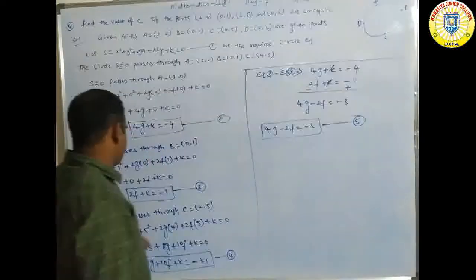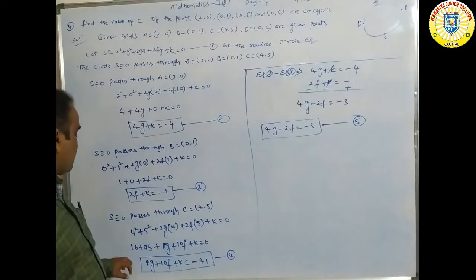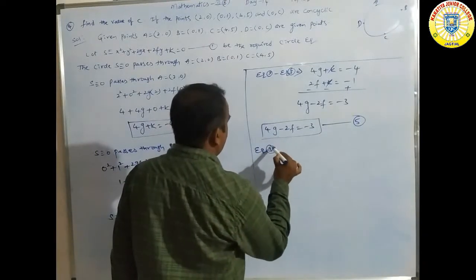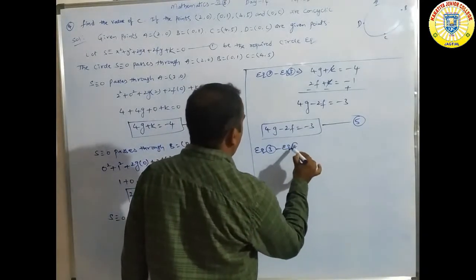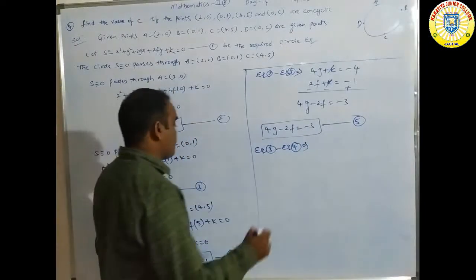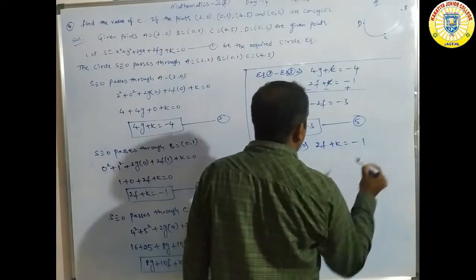Next we are taking equation 3 minus equation 4. Equation 3 is 2f plus k is equal to minus 1.